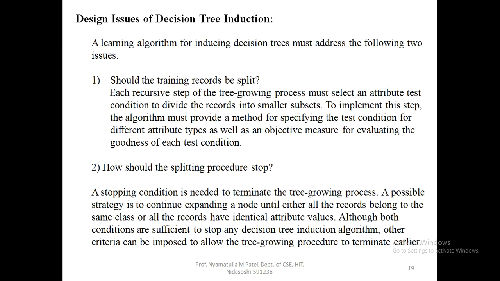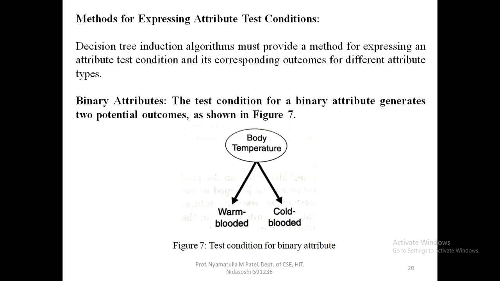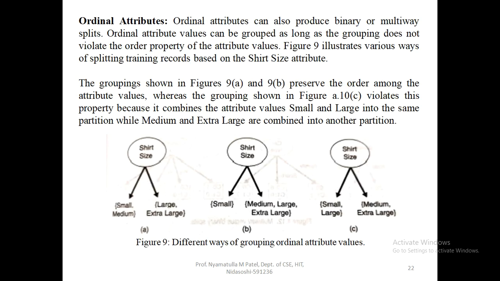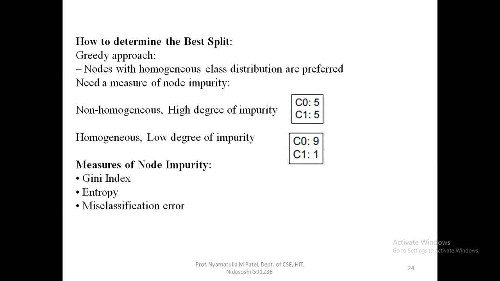Then we studied the two design issues in decision tree induction. One is whether to split the training records or not, and the second is when we have to stop the splitting procedure. And here we studied different attribute test conditions: binary attribute, nominal attribute, ordinal attribute, and continuous attributes.